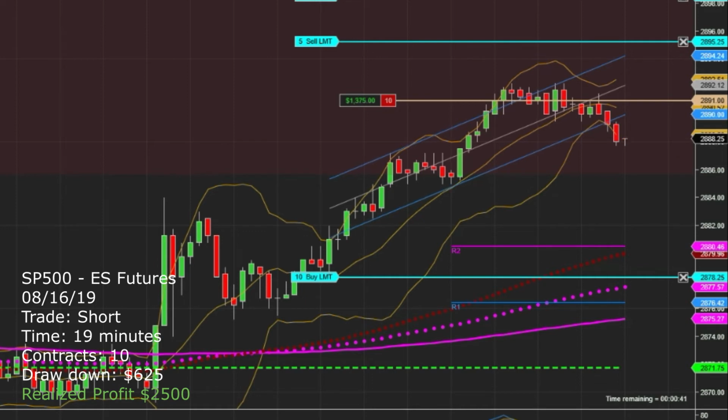Some buyers are coming in, trying to push it back up. At the same time, there's a lot of selling going on.